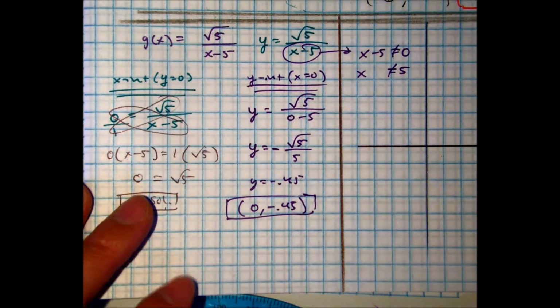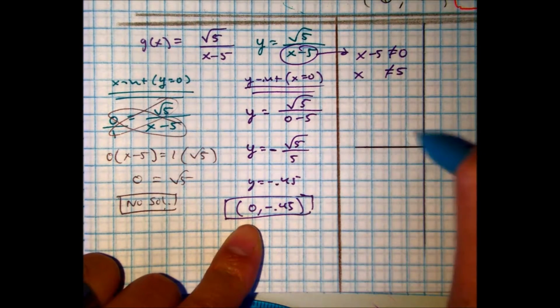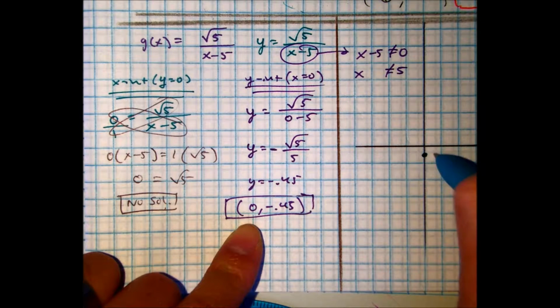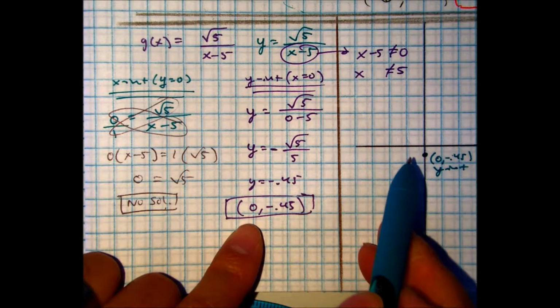For now, let's go ahead and label the points you have. 0, negative 0.45 is my y-intercept. So I know my graph's going to go through there, right?